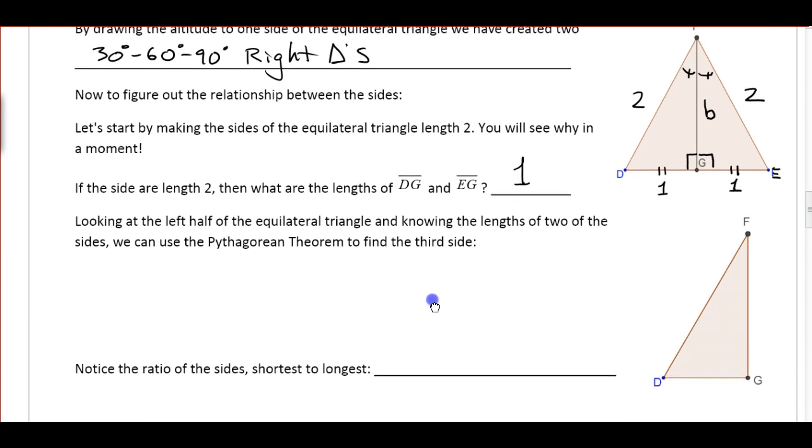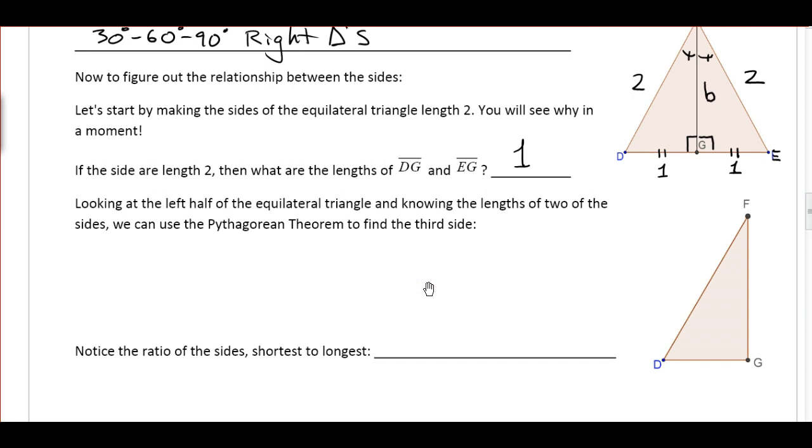Then let's just look at the left half of the triangle. We know this side is going to be 2, and we know this side is going to be 1, and we called this side B. We could call it anything that we want, really. And we're going to use the Pythagorean theorem to find the third side. So here's my right angle. So these are my two legs here.